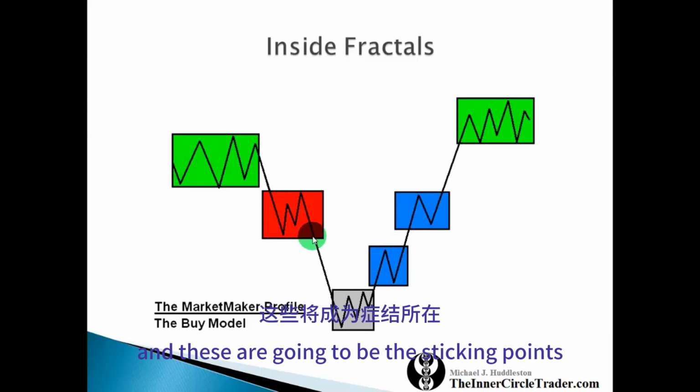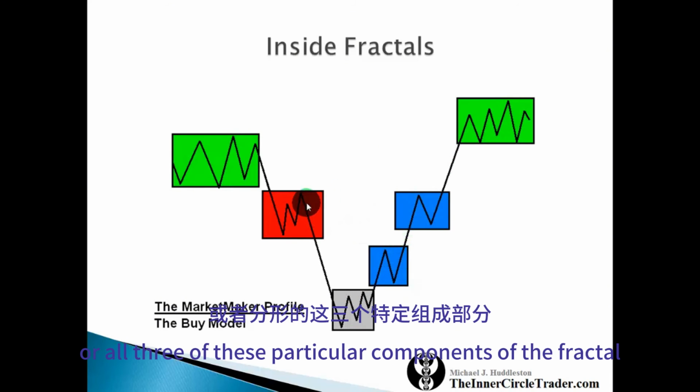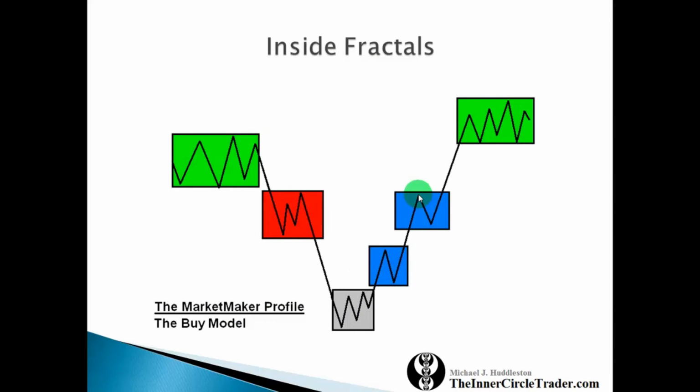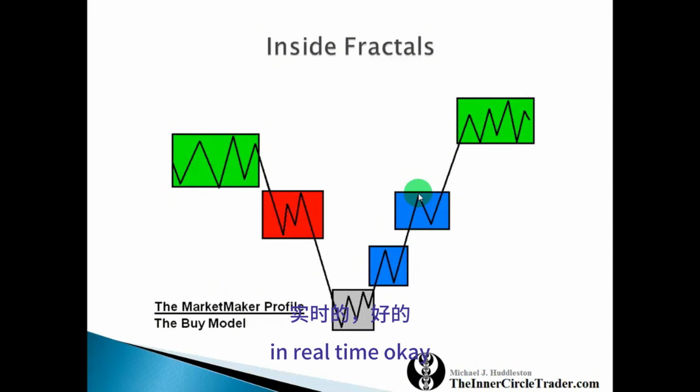And these are going to be the sticking points, I already know, because many times I see this profile with one or two or all three of these particular components of the fractal not in a way where we can clearly see it or use it at the time in real time.